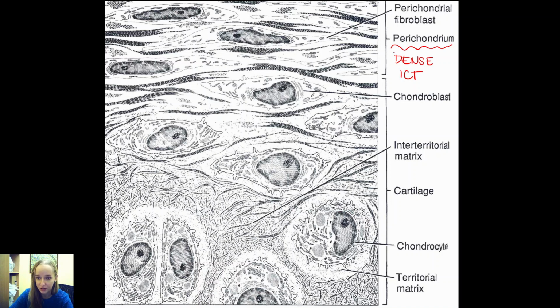So also nerves are here. It's made of dense irregular connective tissue once again, and this really means that perichondrium is formed of type 1 collagen. So we can find collagen fibers there, and it's type 1 collagen.